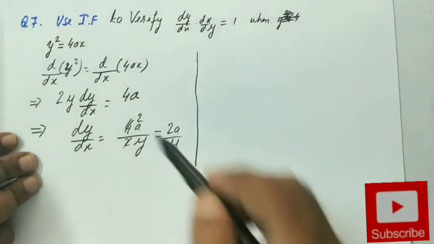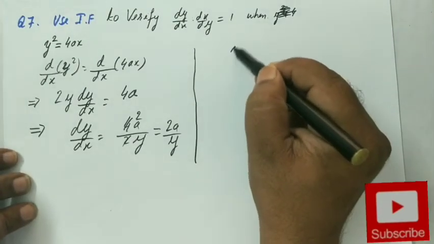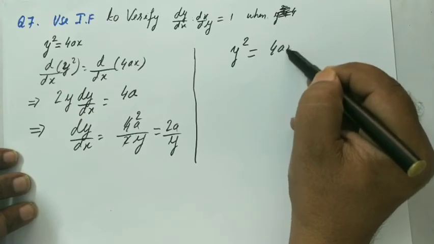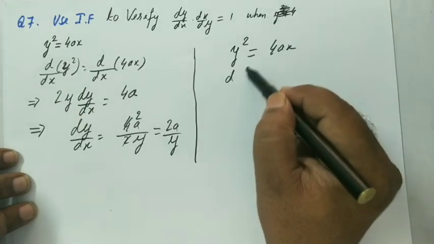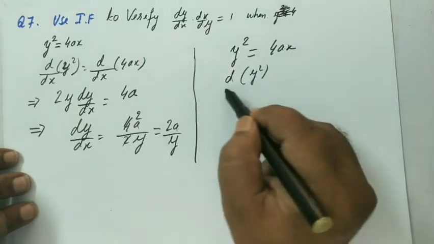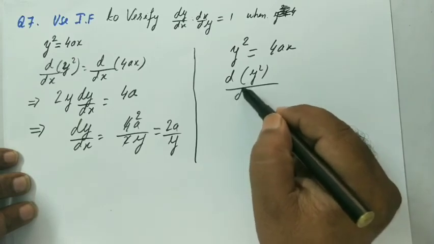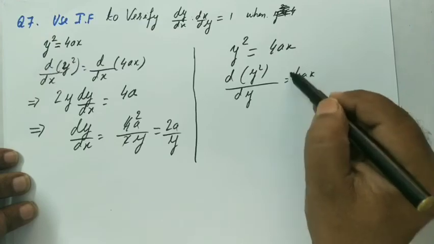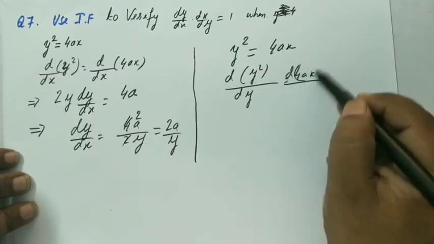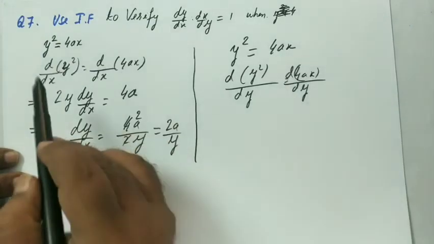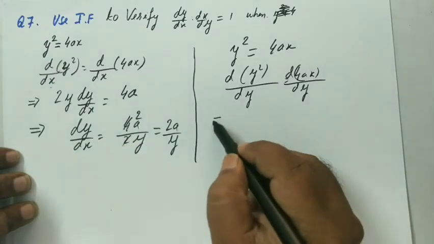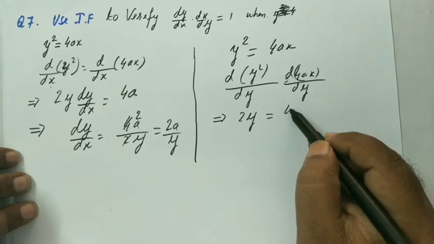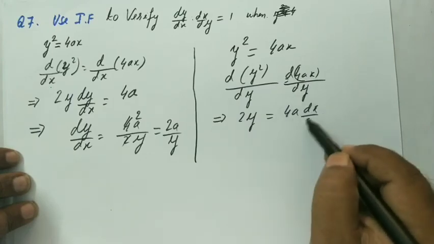Now I'll find dx by dy. That is y square is equal to 4ax. I'll differentiate with respect to y. Here it was x and here it is y. This is 2y and this is 4a dx by dy.